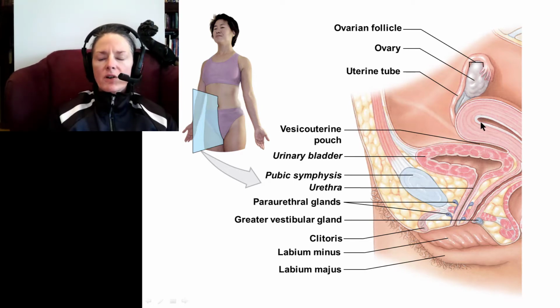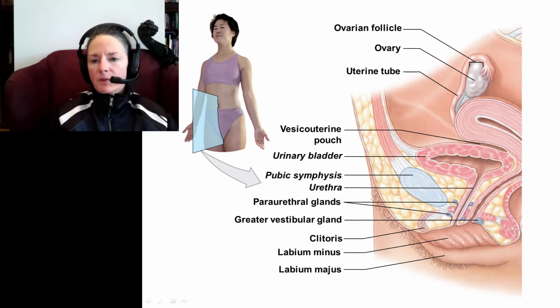And regardless of whether fertilization takes place, this process will happen on a monthly basis. So once every 28 days, an oocyte will be produced. It will travel down into the uterus. If it is not fertilized, it will simply be expelled. But if it is fertilized, then it will implant, and the uterus is where gestation will take place.